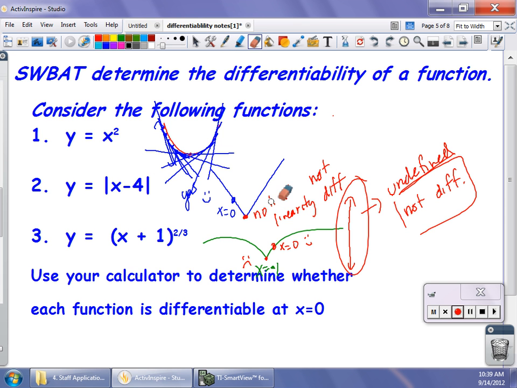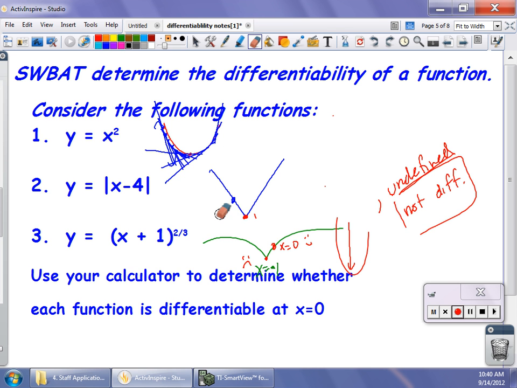Now, on the other hand, if we look at our next function, which was the absolute value function, and we look at the vertex, notice that we have two line segments coming together. The slope of this entire line segment everywhere except at x equal to 0 is 1.